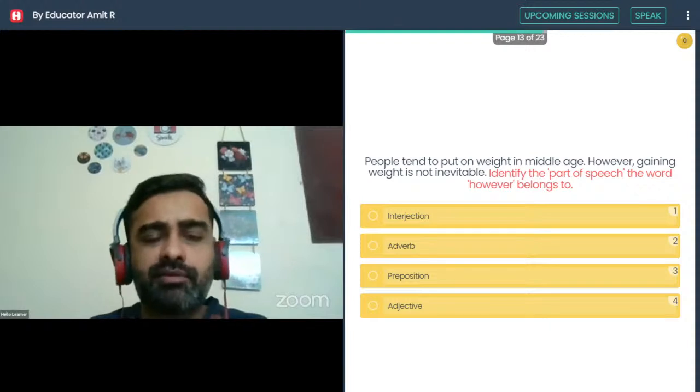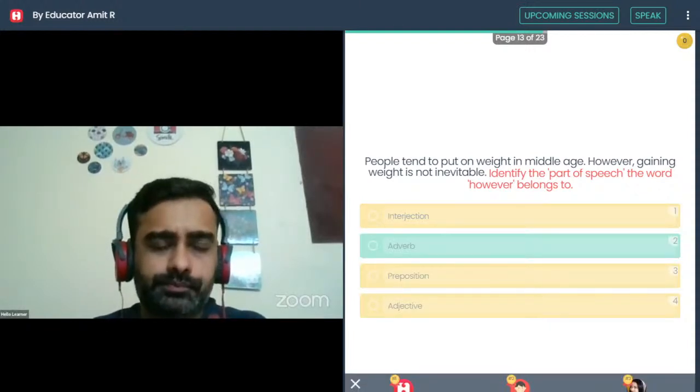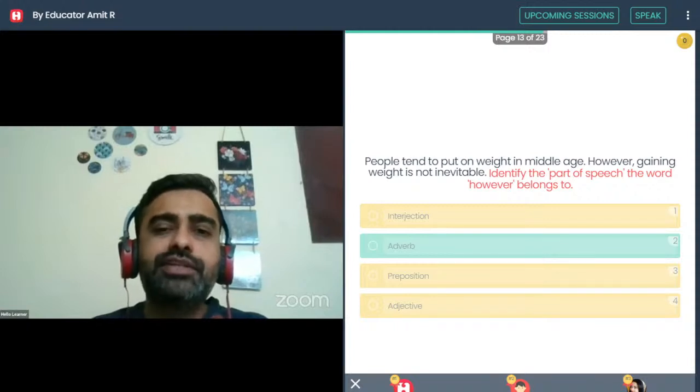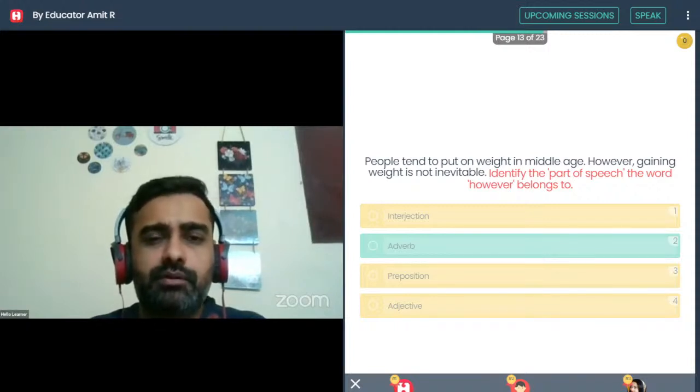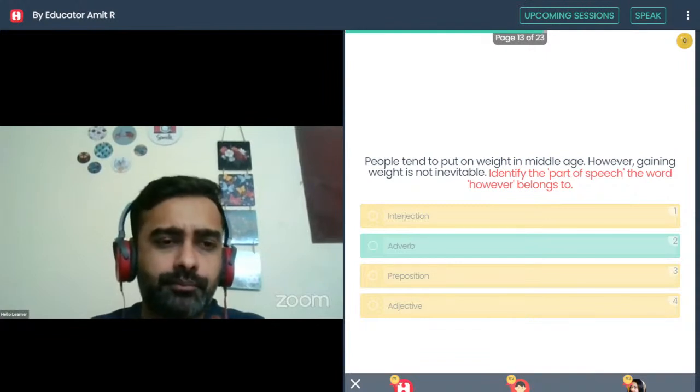Read the sentence again. People tend to put on weight in middle age. However, gaining weight is not inevitable. Yes. So what part of speech is the word however? Sir, adverb.